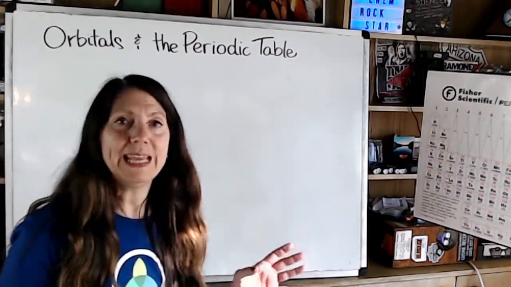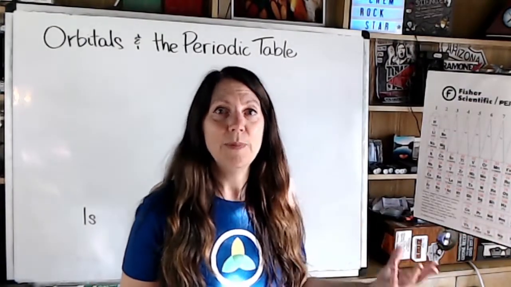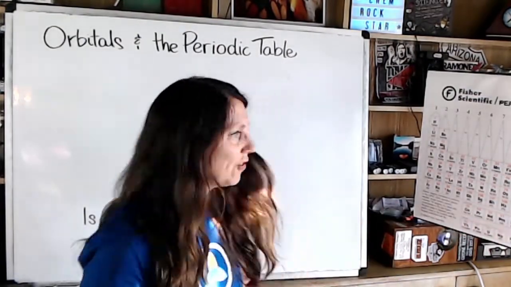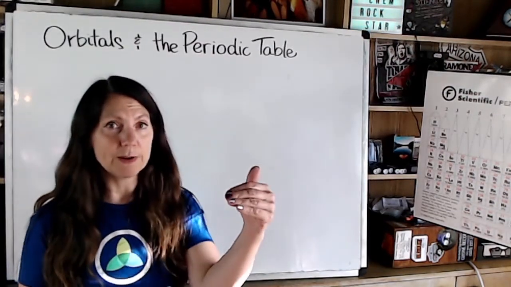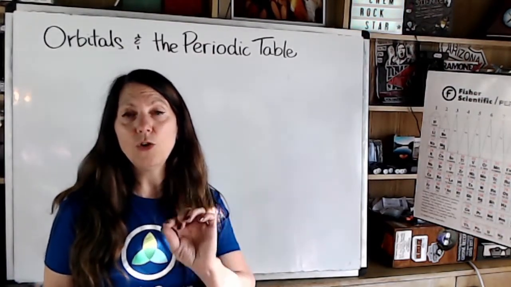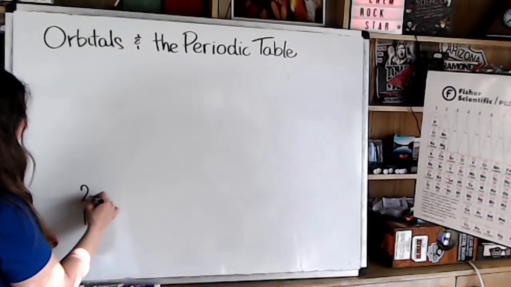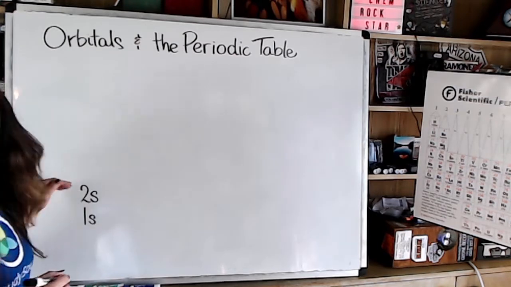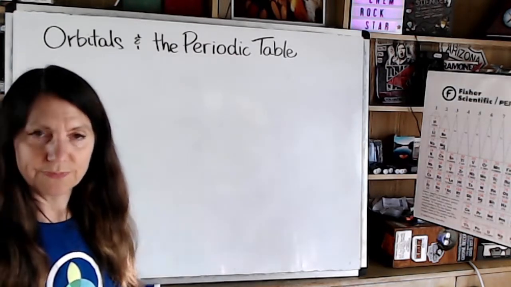There's no 1p orbitals or 1d orbitals or anything like that because of that rule. All right, so that means that the next possible orbital is the 2s orbital. So we're going to put that higher in energy than the 1s orbital.